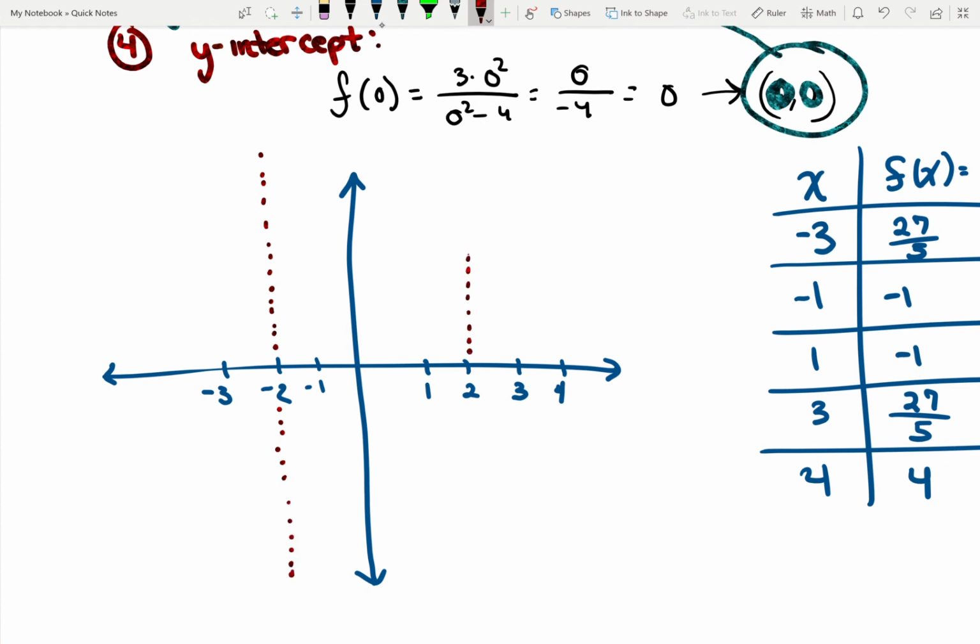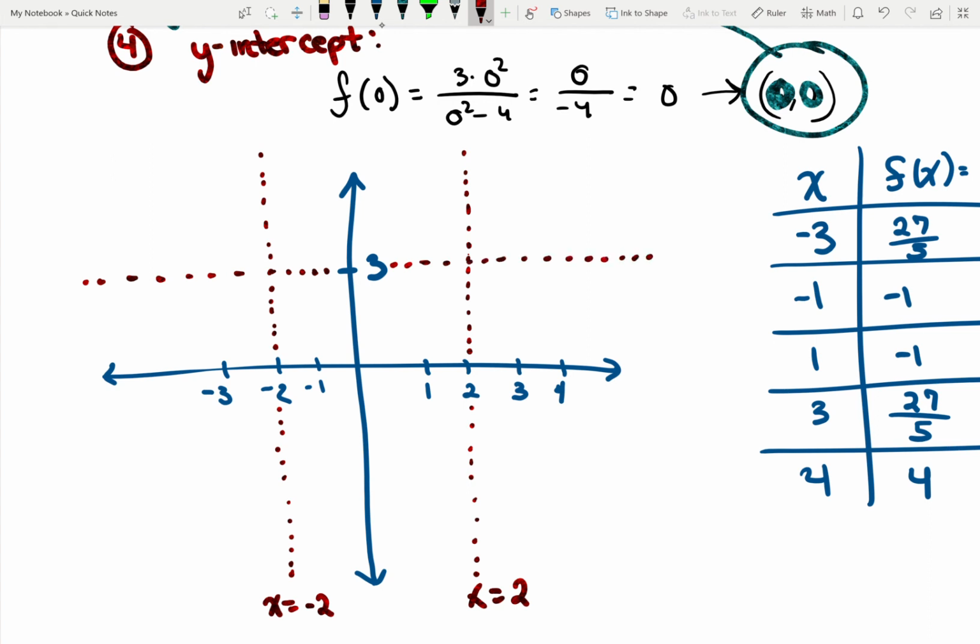There we go. So x equals minus 2, x equals 2. And we should probably put in our horizontal asymptote, which is y equals 3.